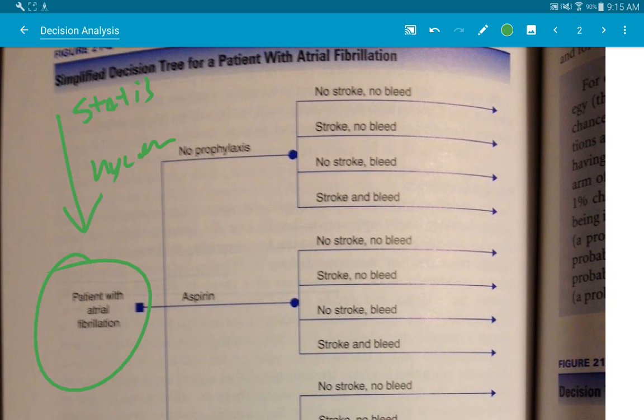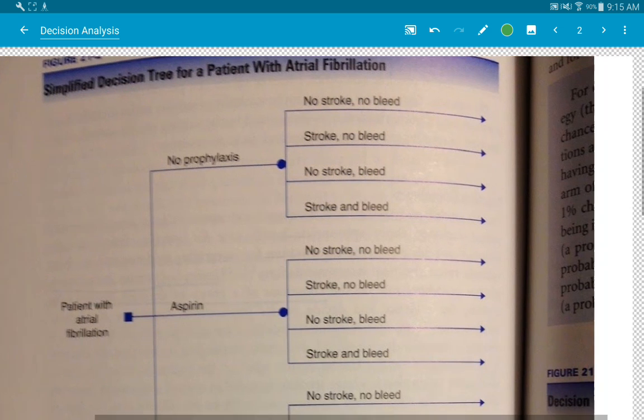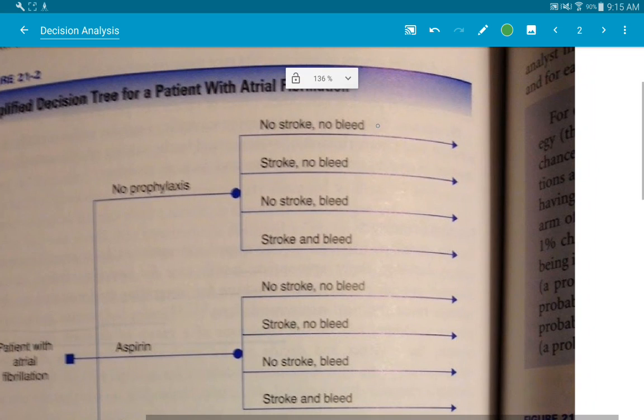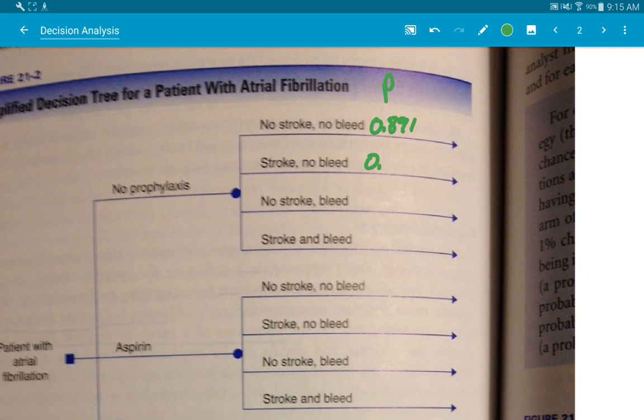So for example, if I don't give my patient anything, the no stroke, no bleed would have a probability of 0.891. This is going to be probability. And if you guys remember probability from your stats courses, we could convert this into a percent if we wanted to. So that would be 89.1%. And then a stroke is actually, if I don't treat them, and again, this is for this particular patient we've calculated, 0.099.